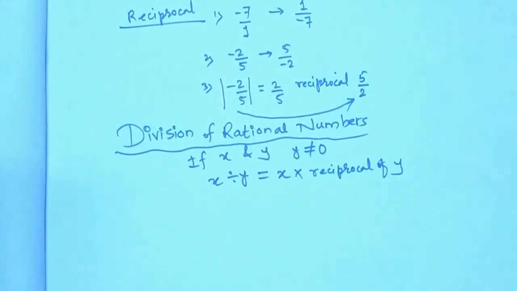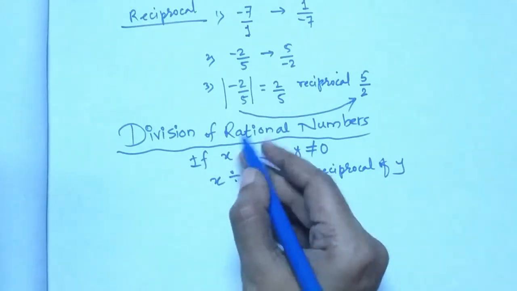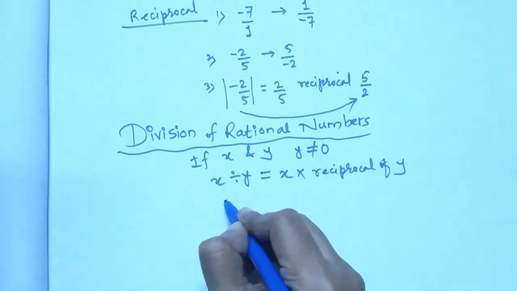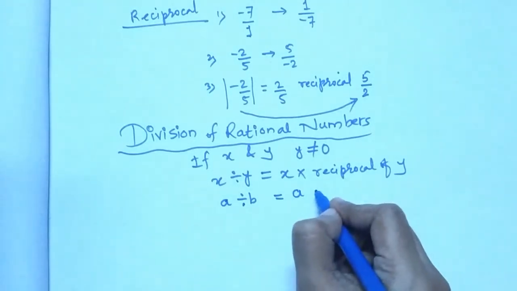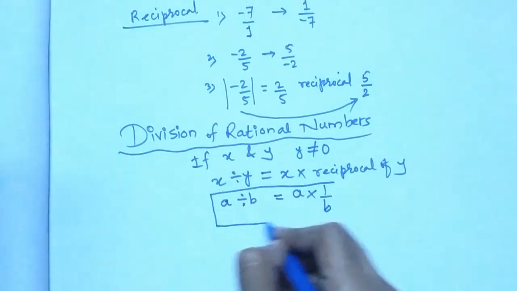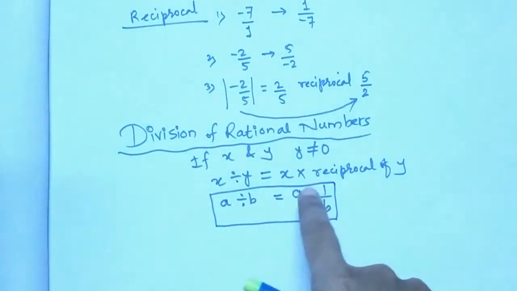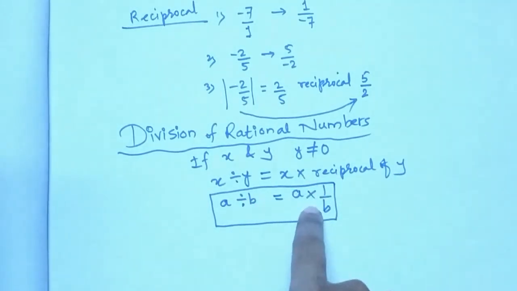To divide a rational number x by any other number y, you just need to multiply with its reciprocal. For example, you have a by b; dividing by b means you are multiplying with the reciprocal of b, which is 1 by b. So this division is converted into multiplication, and b's reciprocal is 1 by b.